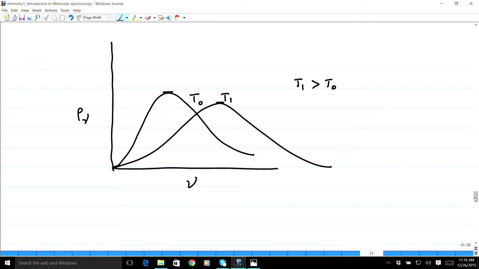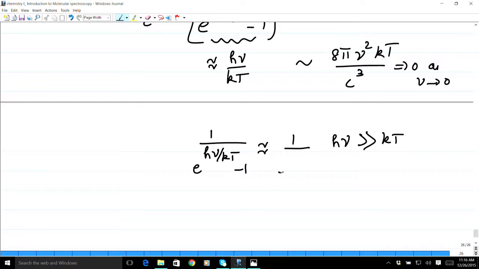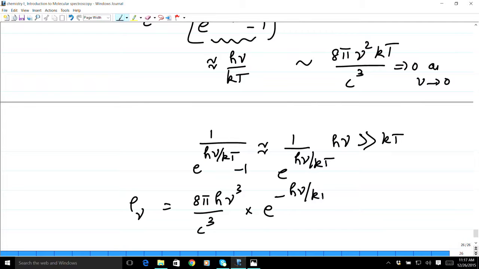What about the higher value of nu? That is also easy to see, because when you write 1 by exponential h nu by kT minus 1, and if nu is very very large, so that h nu is much larger than kT, then this is approximately 1 by e to the h nu by kT, and the rho nu therefore becomes 8 pi h nu cube by c cube times e to the minus h nu by kT, and you see that the exponential goes to 0 faster than the nu cube rising as nu goes to infinity.